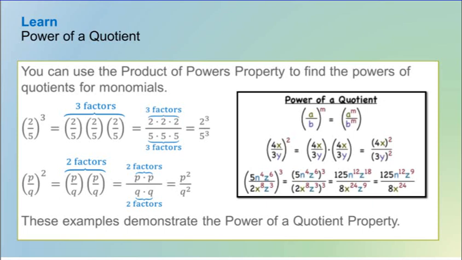Our next part is dealing with the power of a quotient. Power of a quotient means you have your base as a fraction and you're raising it to a power. Just like when you're going to raise something to a power, you raise everything, including the numerator and the denominator, to that same power.